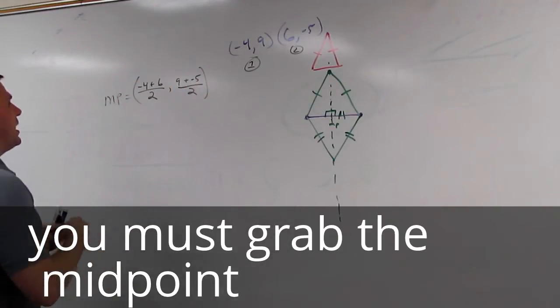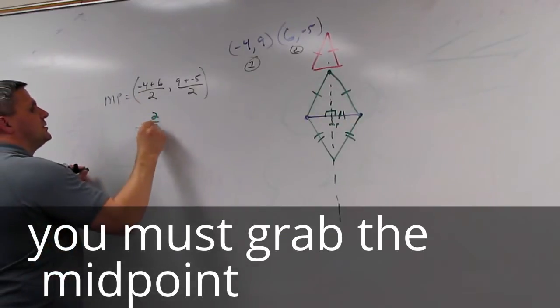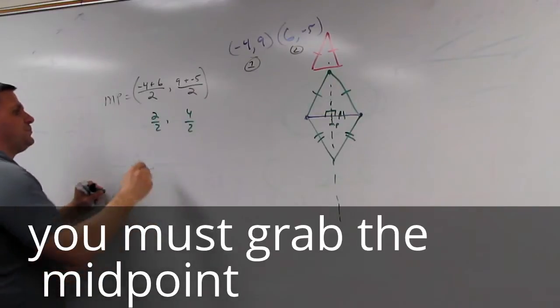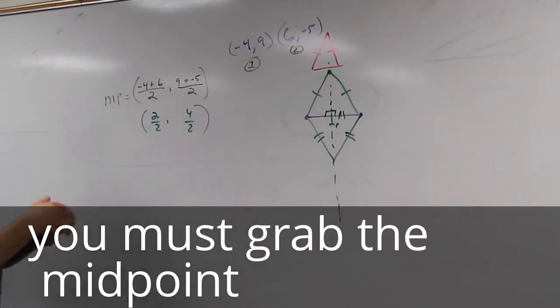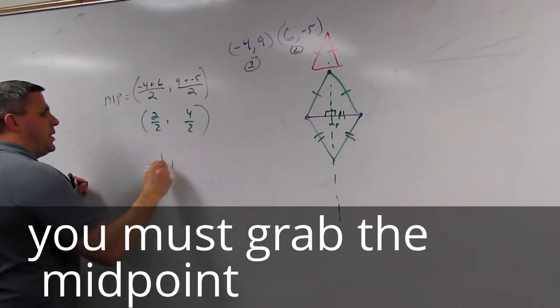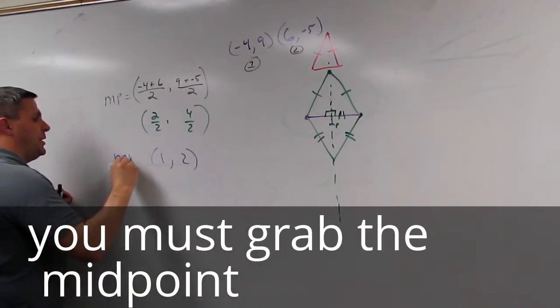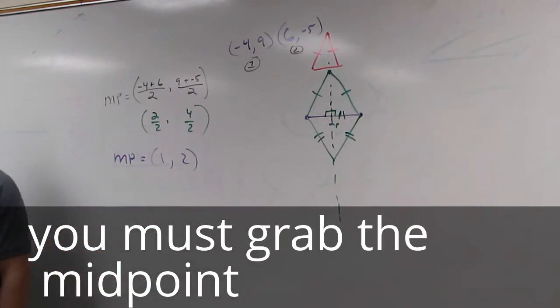And so when we do the math, we've got 2 over 2, and we've got 4 over 2. And when we do that math, we have 1 and 2. So the midpoint is equal to 1, 2. That's where the midpoint is.